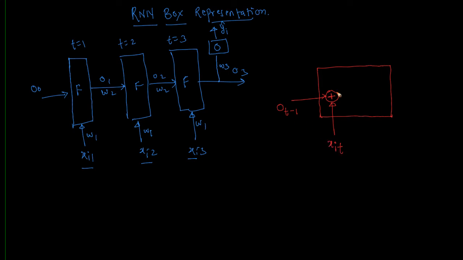So this is at time t. We are at time t, right? So this is the output coming from the previous step at time t minus 1. And then on this, of course, we have the weight matrices, W1 here, W2 here, right?